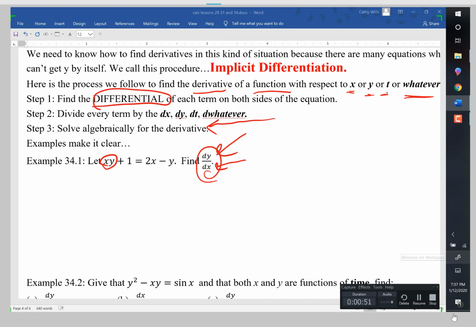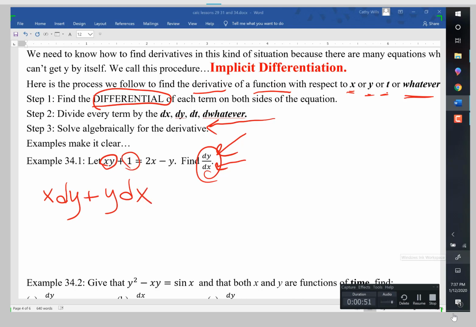The differential of y is dy. When we find the differential of a product, remember we do first function times the differential of the second function plus the second function times the differential of the first function.